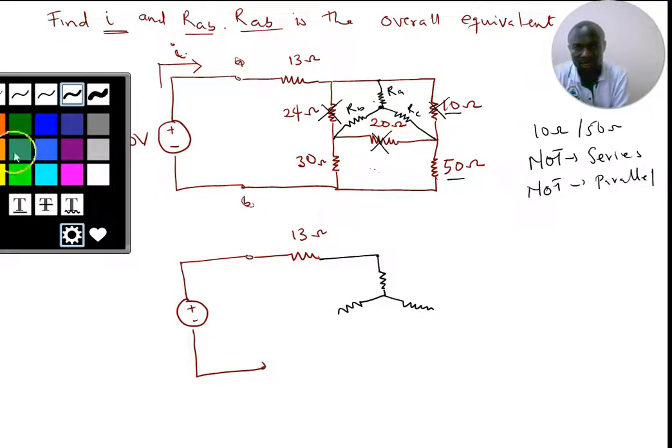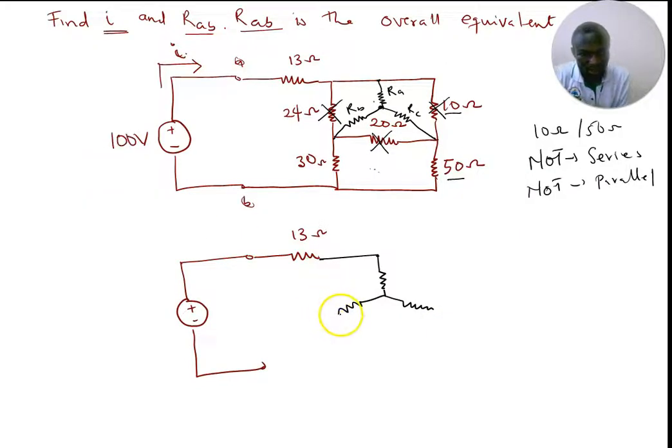Then I'll get my 30 ohm resistor down here, then another 50 ohm resistor here, and it will combine with this. So this is how the circuit is going to be now. 30 ohms, 50 ohms, right? So now after solving, my RA will be here, the RC will be here, and the RB is going to be here.